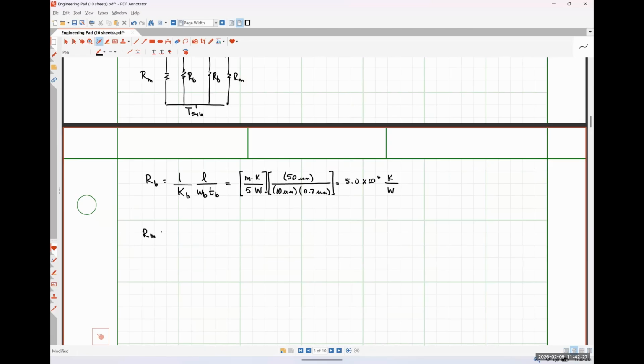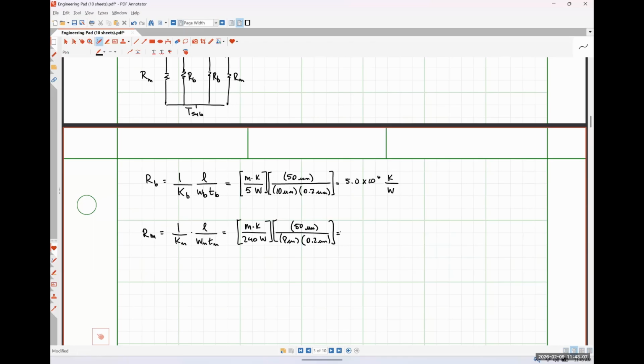For my metal strip, similar thing: 1 over Km times my length over Wm Tm. So 240 watts per meter Kelvin, again 50 microns up here, and then this guy's going to be 8, and this guy's going to be 0.2.